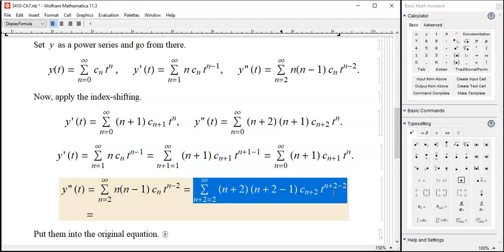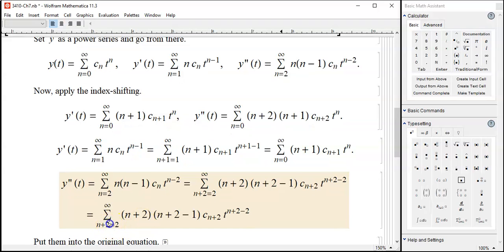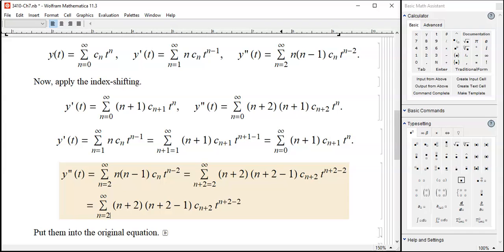Let's simplify this. And flipping this 2 to the other side, I get n running from 0, and n plus 2 minus 1, so n plus 1 here, and then the nth power, and that's precisely what we have over here.